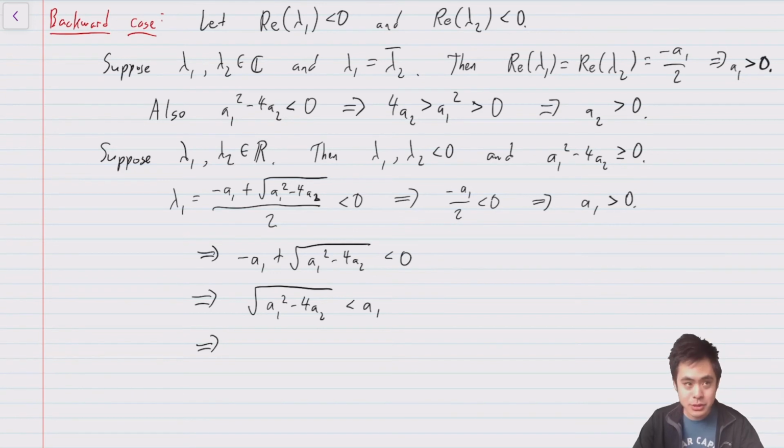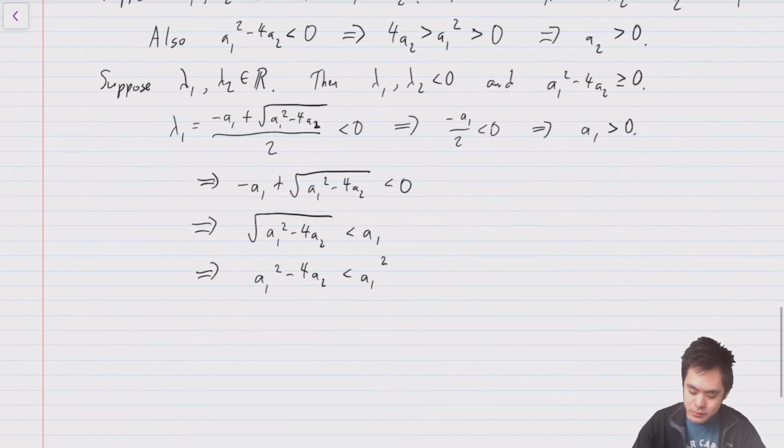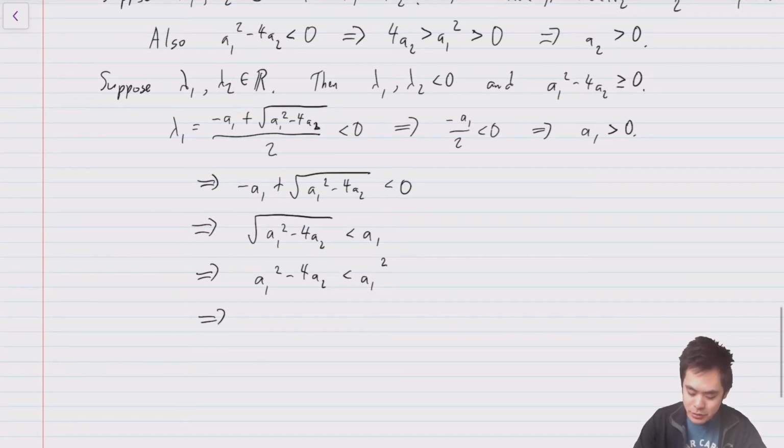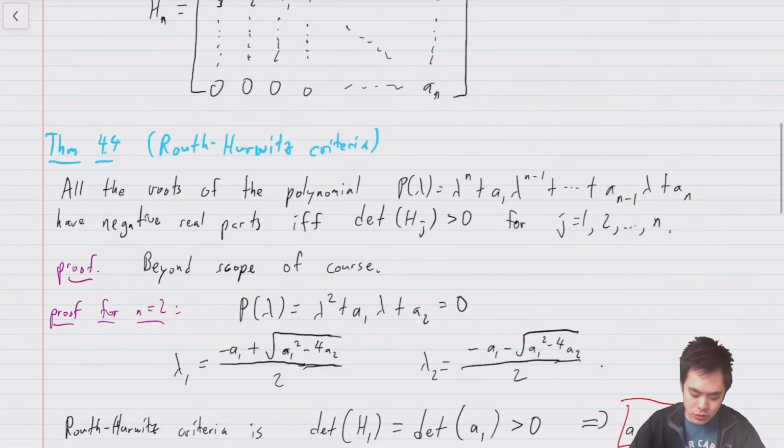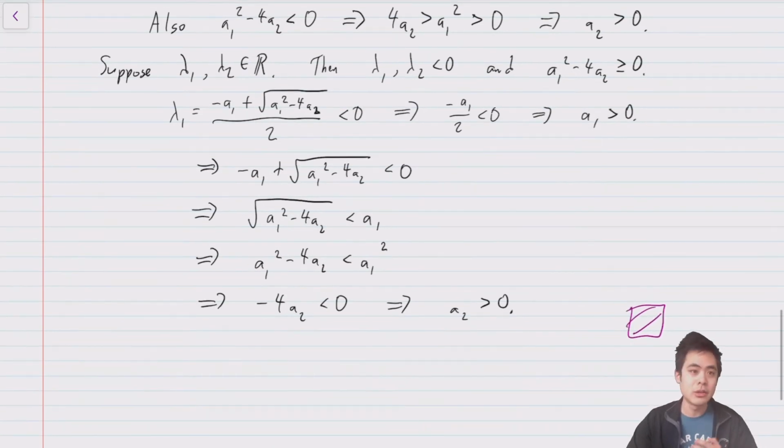Since these are both positive numbers, squaring it doesn't change the direction of the inequality. So if we square both sides, you get a1 squared minus 4a2 is less than a1 squared. Subtract out a1 squared from both sides, you end up with minus 4a2 is less than 0, which implies, of course, that a2 is also greater than 0, and this proves the theorem. So this proves the theorem for n equal to 2.